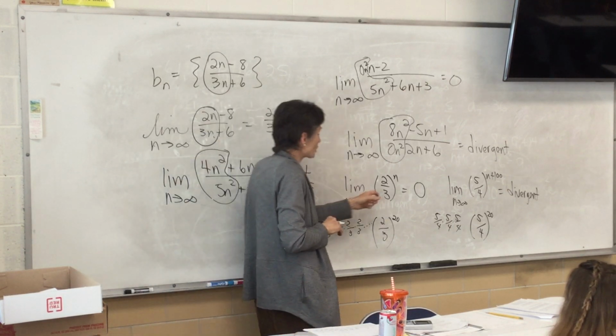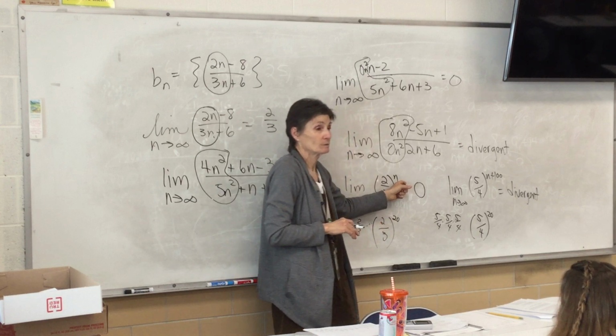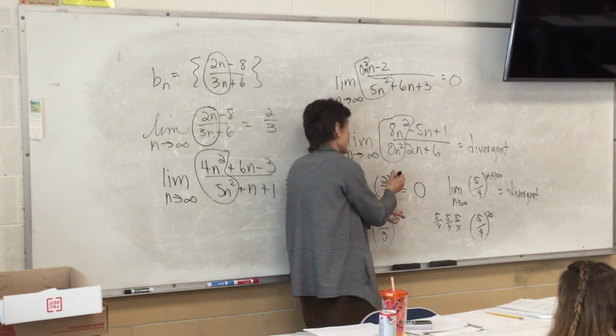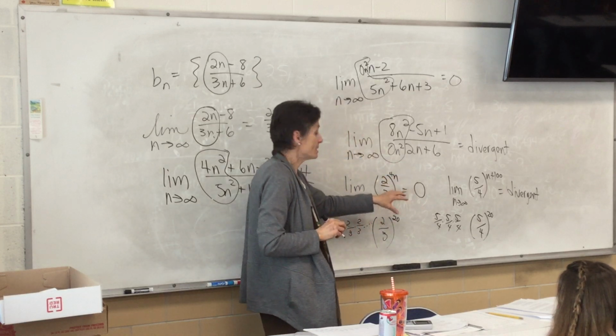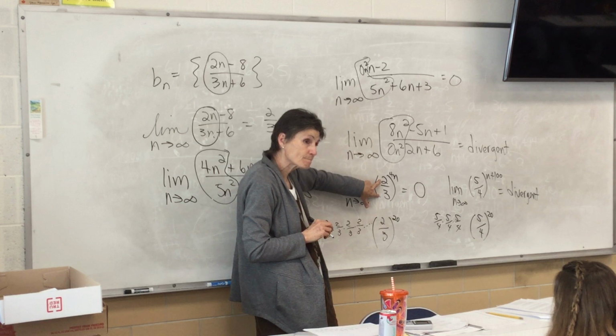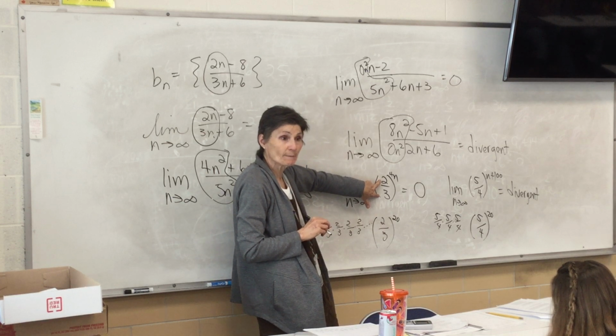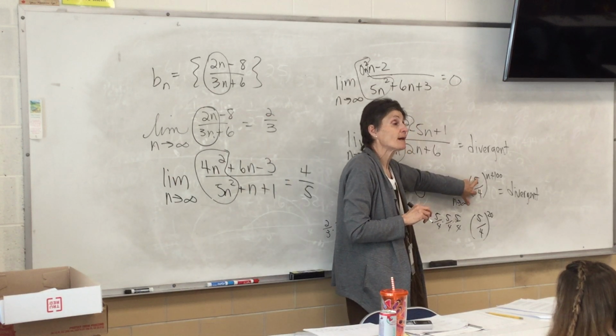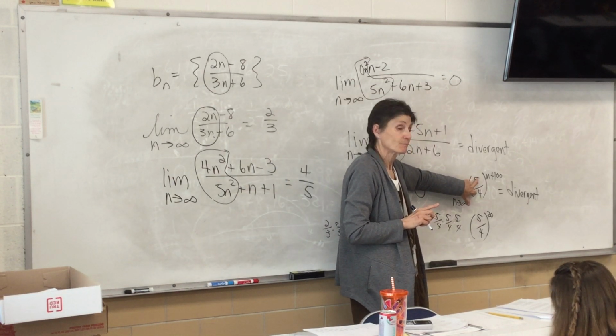If your problem is a number to a power, we don't care what the power is, it could be anything. If this number is less than 1, 0 is your limit. If this number is more than 1, divergent, there is no limit.